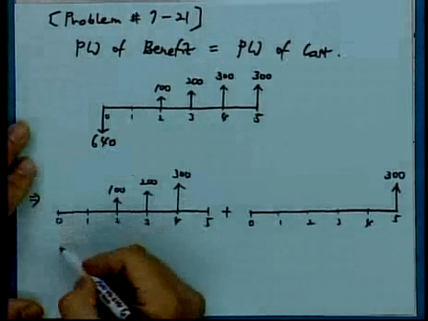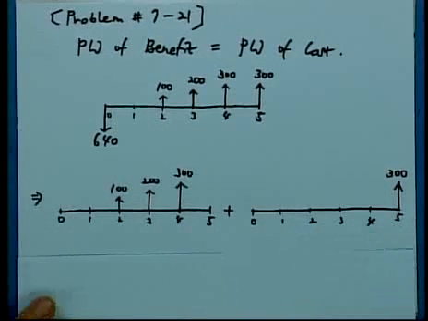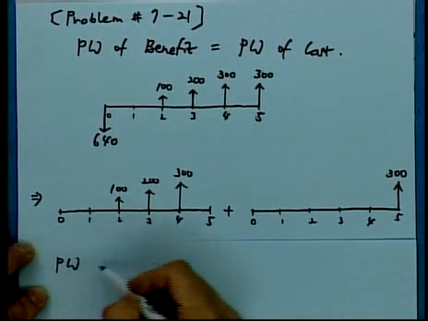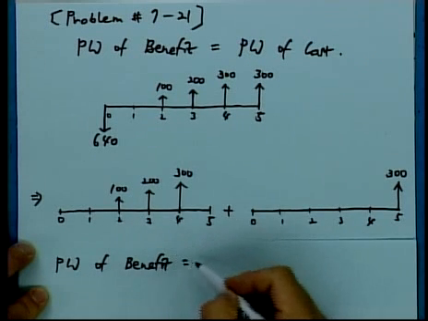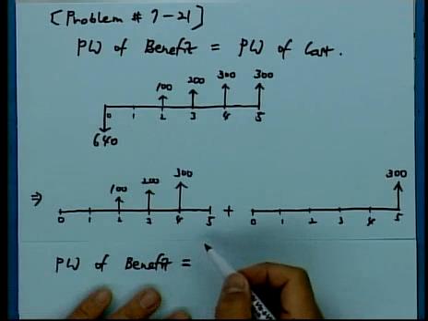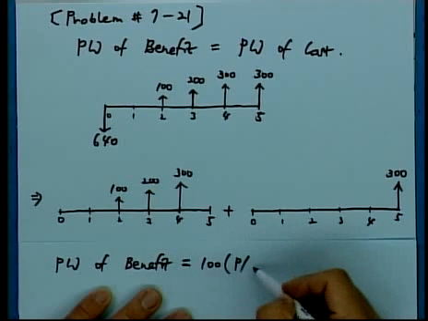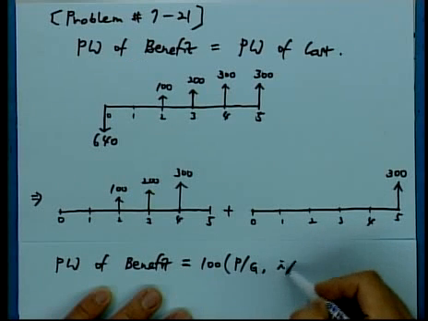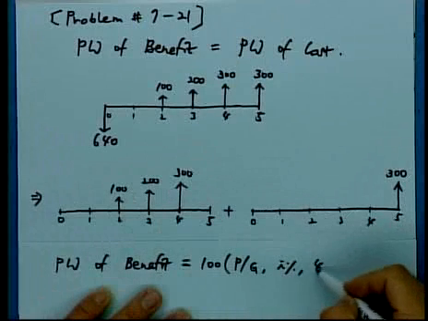So the present worth of benefit would be 100 P given G I% over period 4, right?